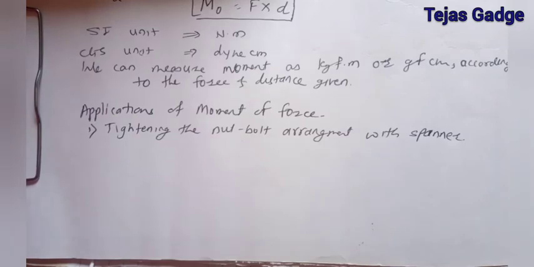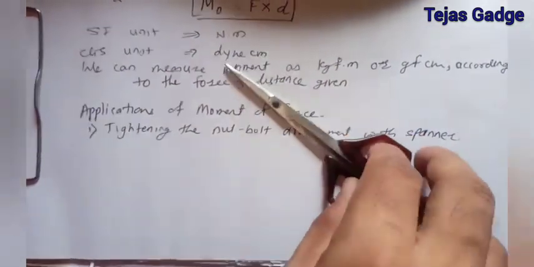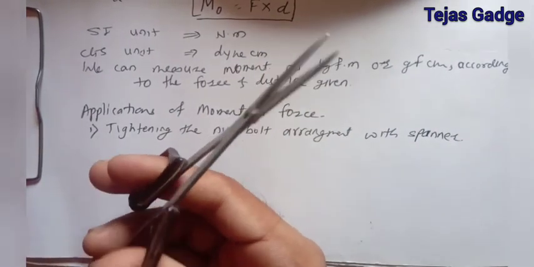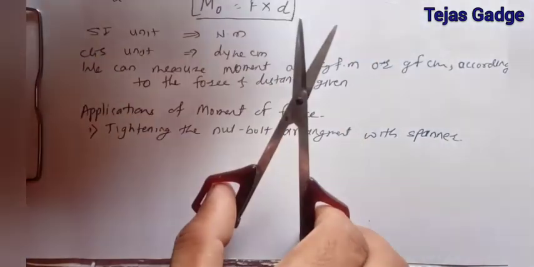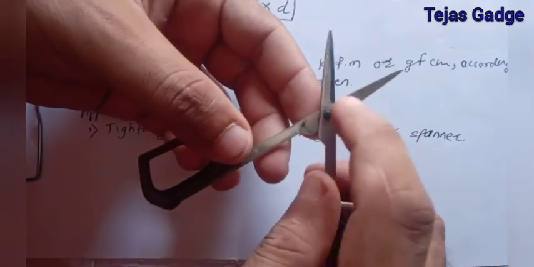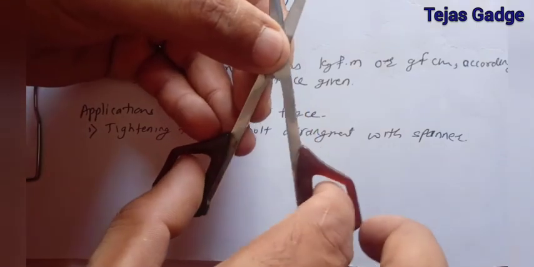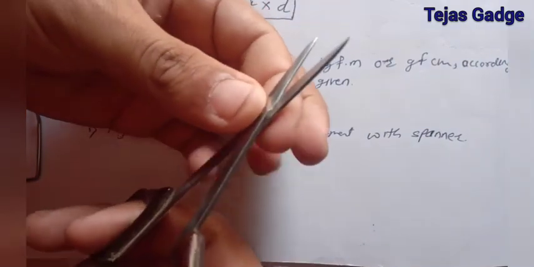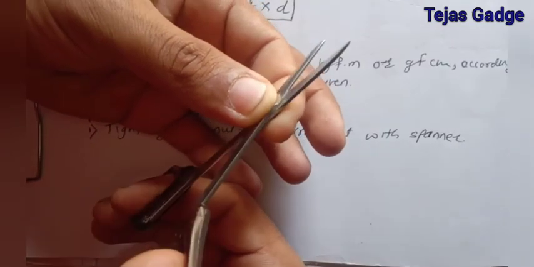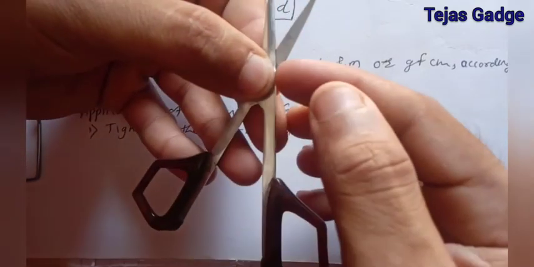Now the second application we have is the scissor. Here is a scissor, everybody knows. Or you may take a shear, the same as a scissor, used to cut metal. In the case of a scissor, here is our fulcrum point, or pivoted point, and we are applying force here at the ends. While cutting any piece, paper or anything, we are applying force at some distance from the pivot.